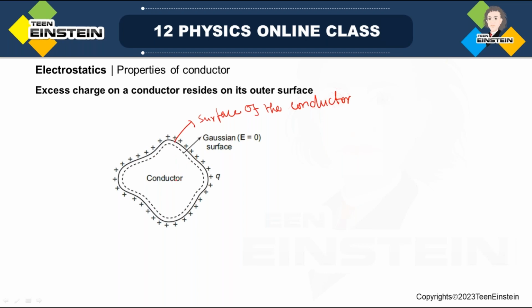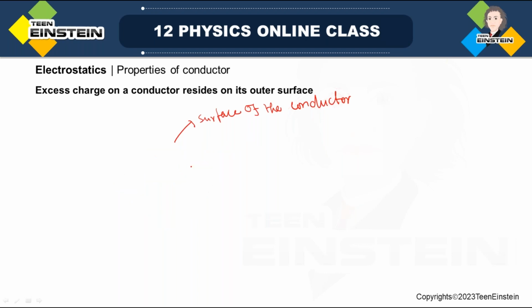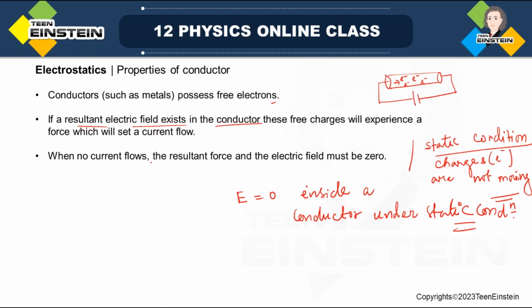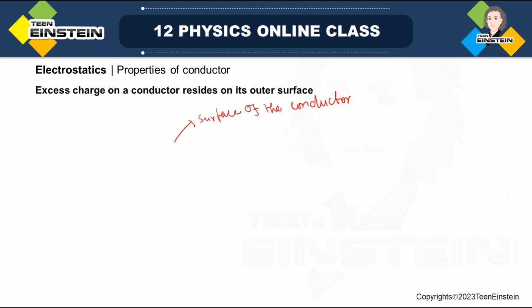Now, just a few minutes back, what have we learned? We have learned that when there is no current flow, there will be no resultant force, so the electric field must be zero inside the conductor under static condition.